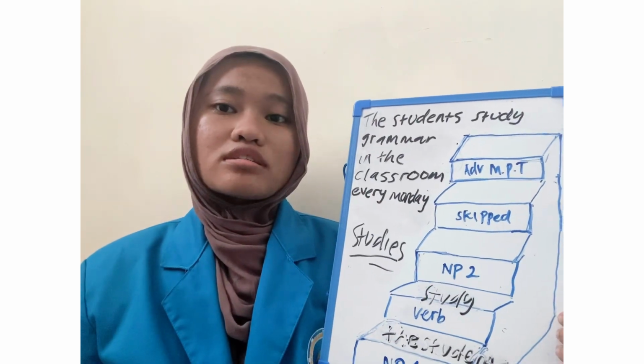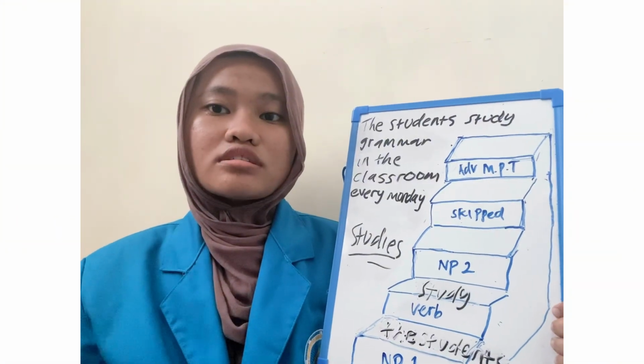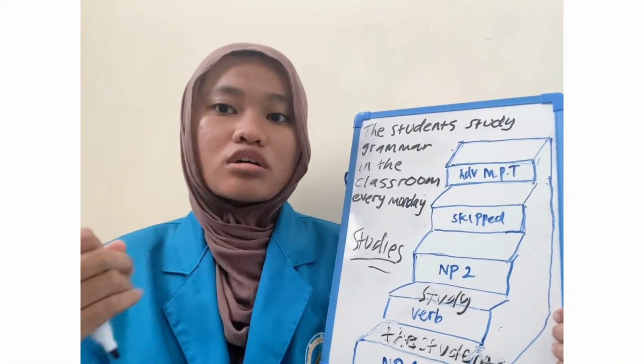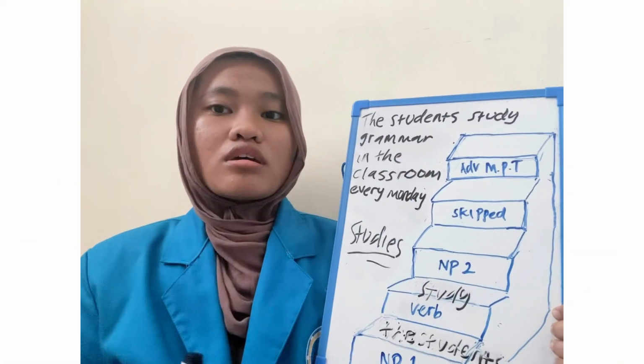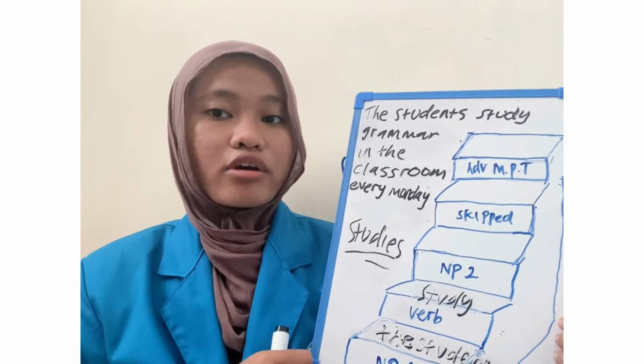In simple present tense, if the subject is plural, such as they, we, you, or the students, we use the base verb or verb 1.